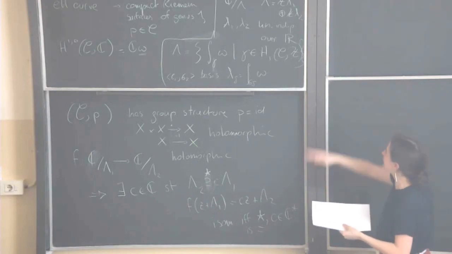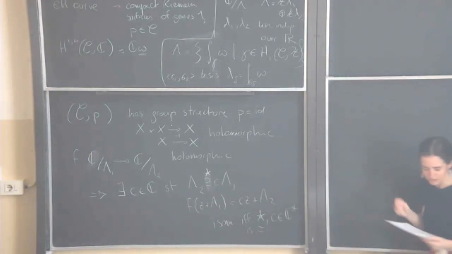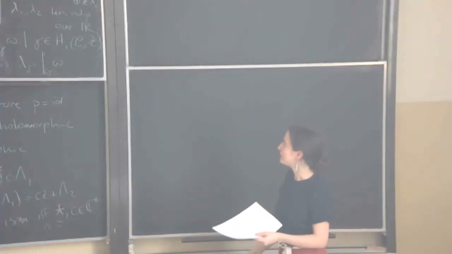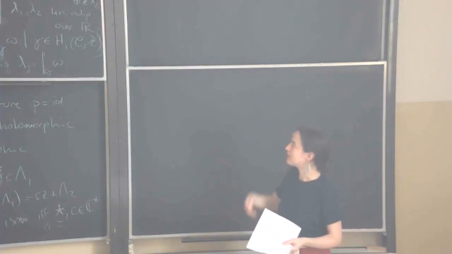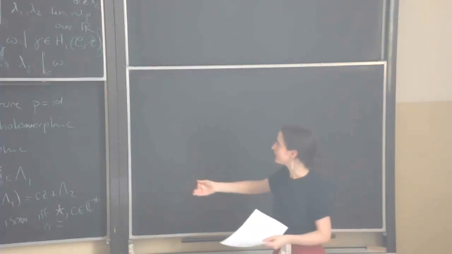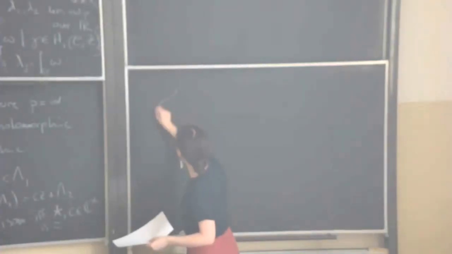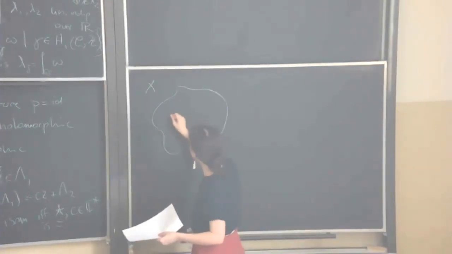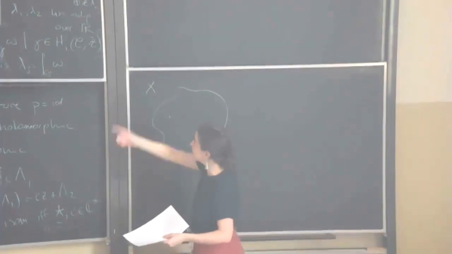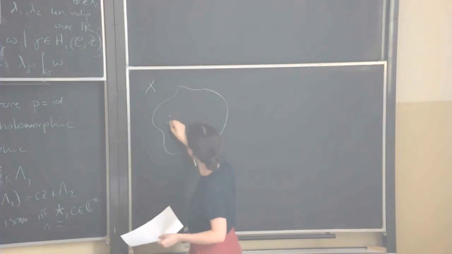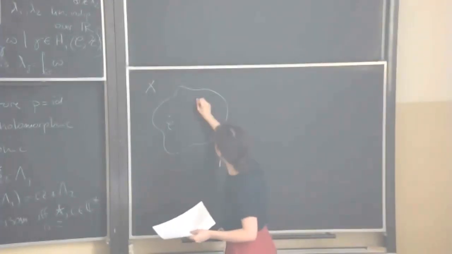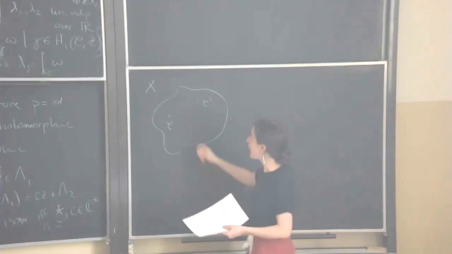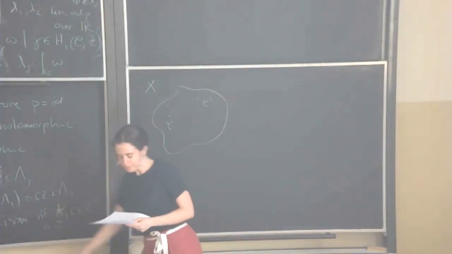Now that we have this picture, let's talk about what the moduli space is. Basically, a moduli space is a kind of geometric object that parameterizes the objects we are looking at, in the sense that we want a space X, of which each point represents an elliptic curve up to isomorphism.